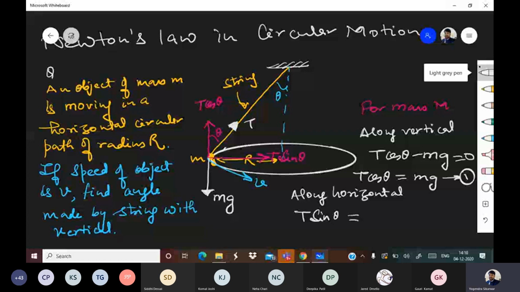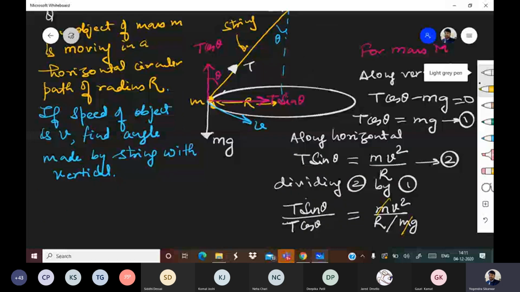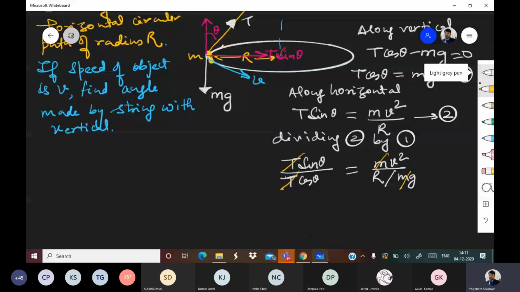So sin theta upon cos theta becomes tan theta is equal to v square upon rg, and that is the answer. So theta will be tan inverse v square upon rg.